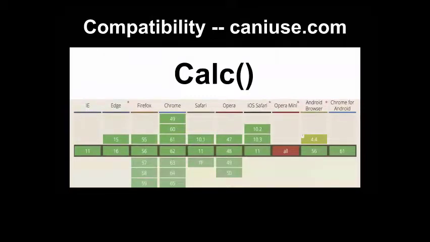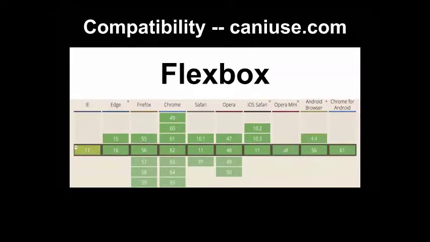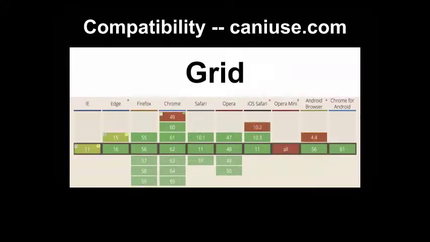And here we see calc compatibility for Chrome, Firefox, IE, Safari, etc., Flexbox across the board, and CSS Grid. And all of this is rapidly changing and rapidly gaining more and more compatibility. When we see yellow in the corner, that does mean that there are some warnings to particular properties or values within that bit of CSS.